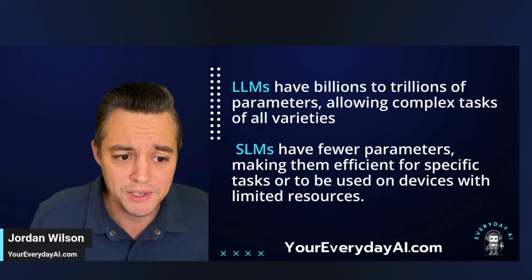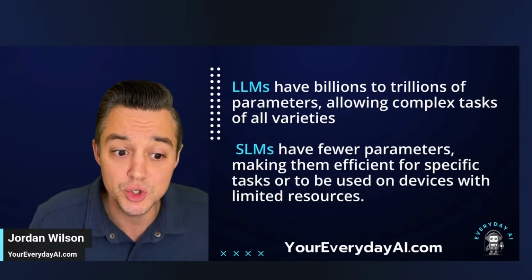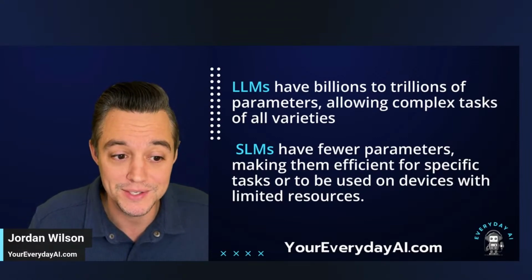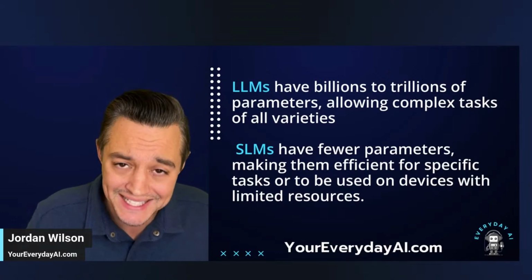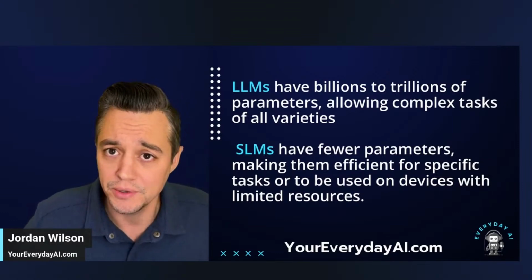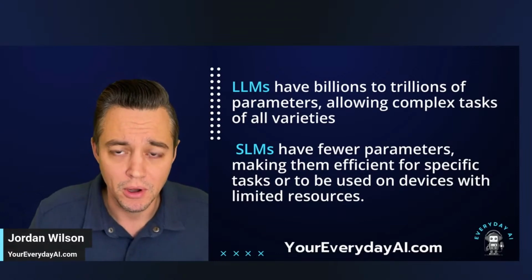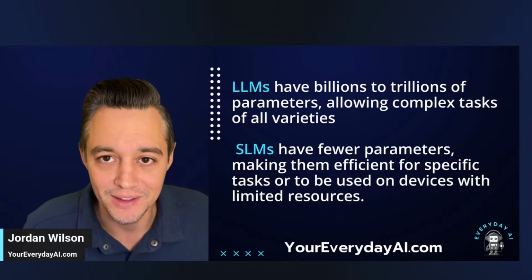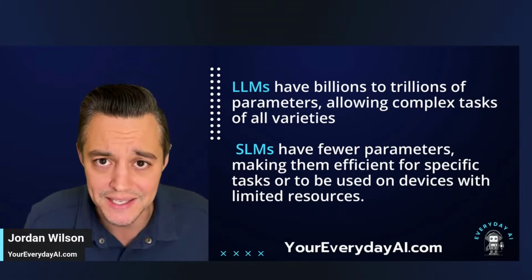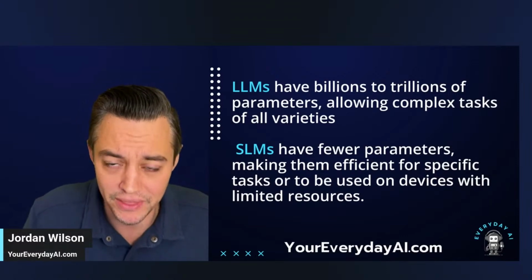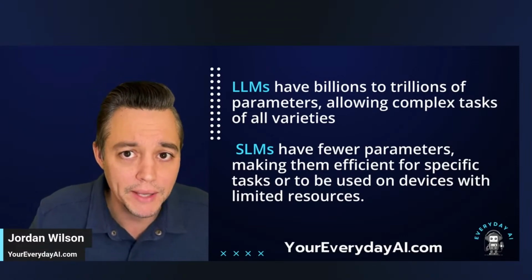Essentially, large language models have billions to trillions of parameters, allowing complex tasks of all varieties, right? So your GPT-4, your Gemini Ultra, think of those as the ultra big boys in large language models, and they can perform any task, and they essentially know everything. All right, so that's not how small language models work.